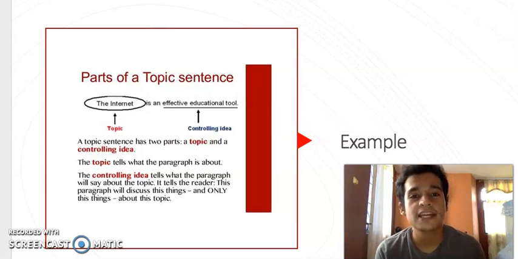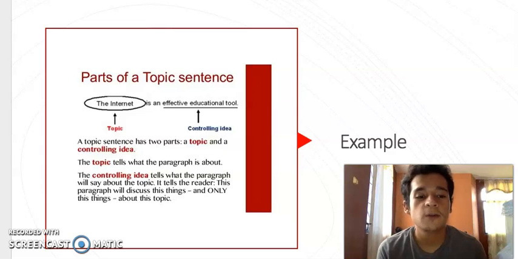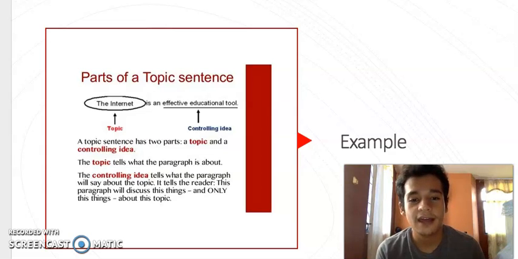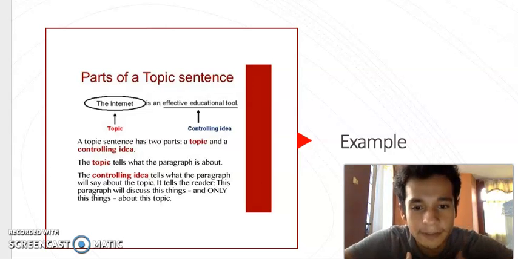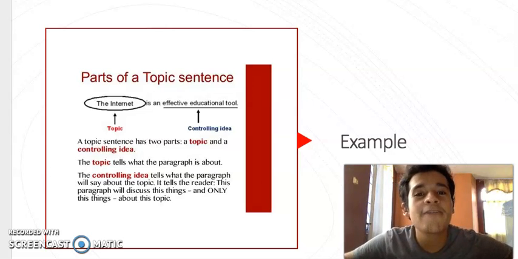The topic in this case is circled, which is the internet. And the controlling idea is underlined, which is an effective educational tool. Now the controlling idea tells what the paragraph will say about the topic. It tells the reader, this paragraph will discuss these things and only these things about this topic.